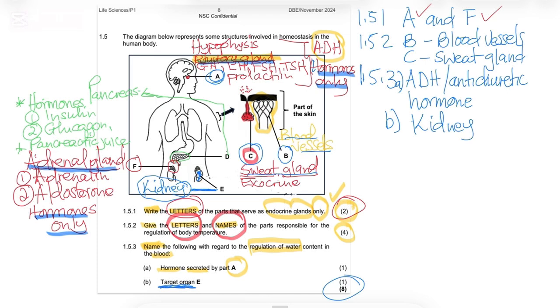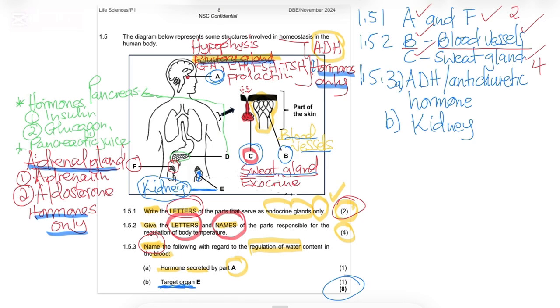All right. Point 2, now you are giving a letter and a name. As you can see here, we have letter and name. So our marking points are on the letter and the name. So you can see this question is 4 marks. The first one is 2 marks. All right, question 1.5.3 is asking for the name only.